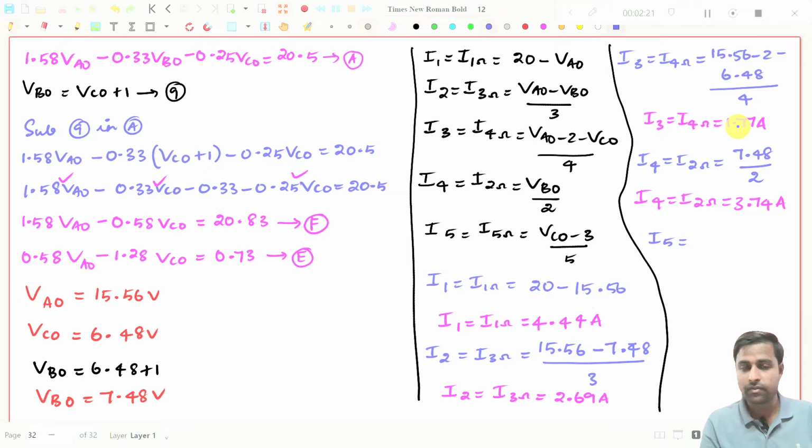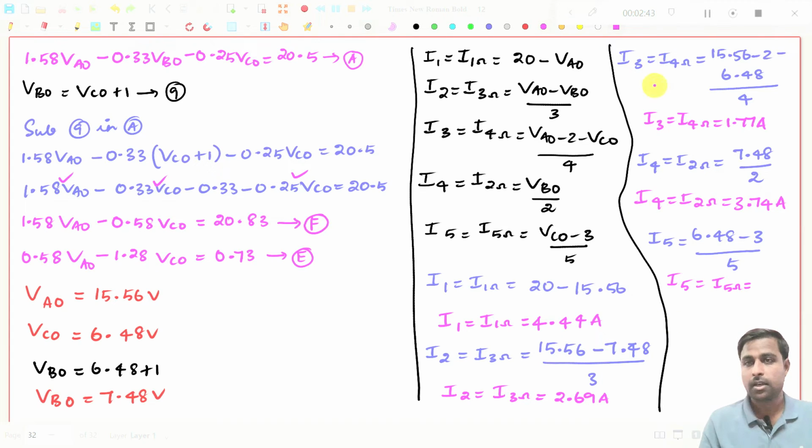Now I will go for I5. For I5, what is the formula? VCO minus 3, divided by 5. What is VCO? 6.48 minus 3 divided by 5. So I am getting I5, which is nothing but I through 5 ohms resistor, equal to 0.69 amperes.